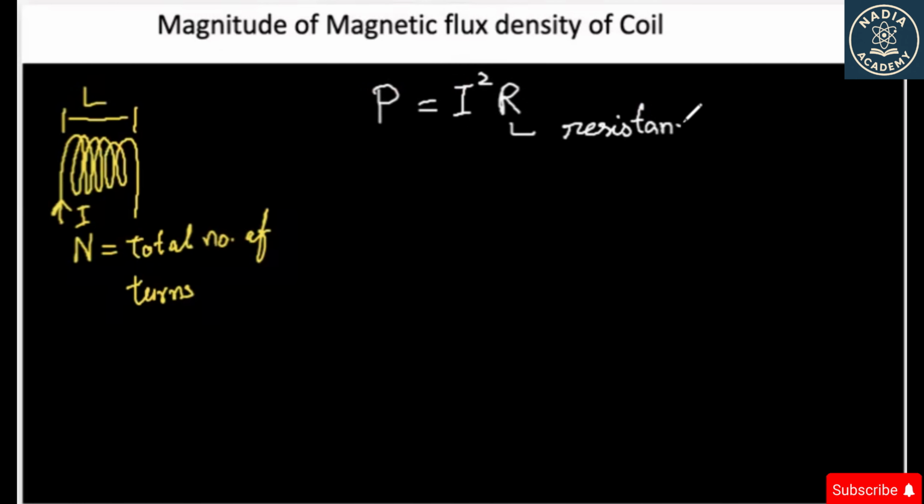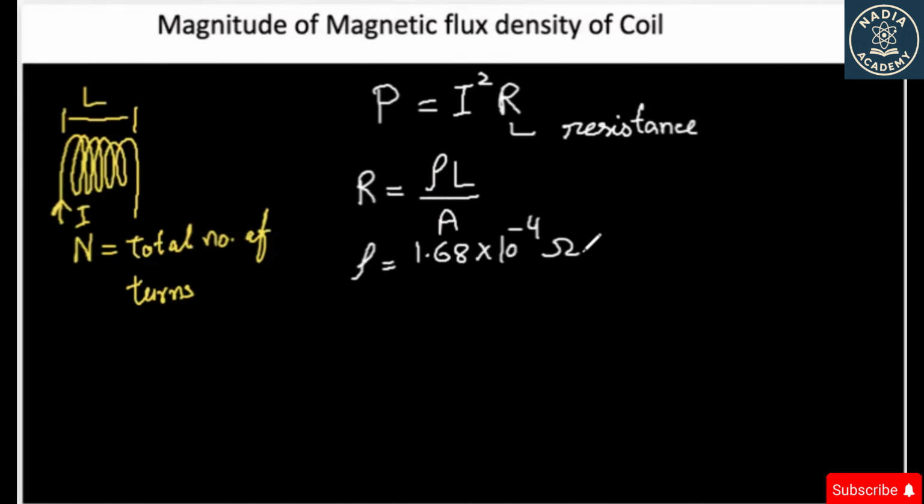You can measure it using your multimeter, but we can also calculate it using the resistivity formula, meaning that the resistance is equal to the resistivity of the wire times the length of the wire divided by the cross-sectional area. We are using copper wires for our coils, so the resistivity at room temperature is 1.68 times 10 raised to power minus 4 ohm meter.